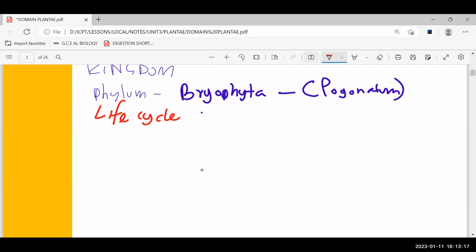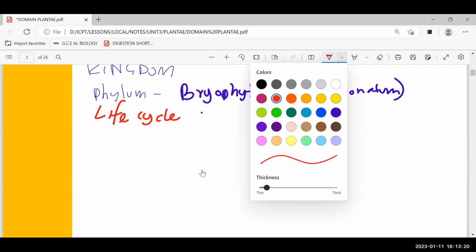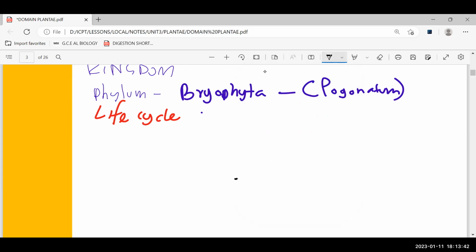Phylum Bryophyta, example plant Pogonatum, and we're going to learn the life cycle of Pogonatum, right? Okay, so if you look, the first stage is a small plant, not a big one. It has a root system, and then kind of leaves like this.